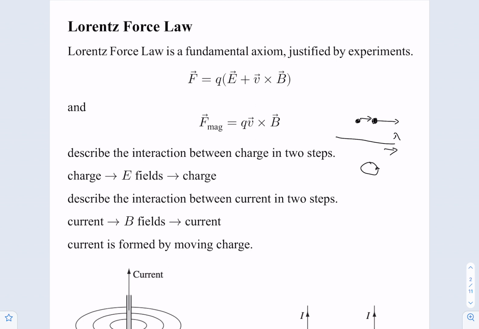So for any vector that remains the same after a mirror image, that's a vector. But if it changes sign, then it's a pseudo vector. So it's simply a mathematical definition. Here, I think you don't need to worry about the pseudo vector. So yes, in principle, the B field is actually slightly different from the E field.